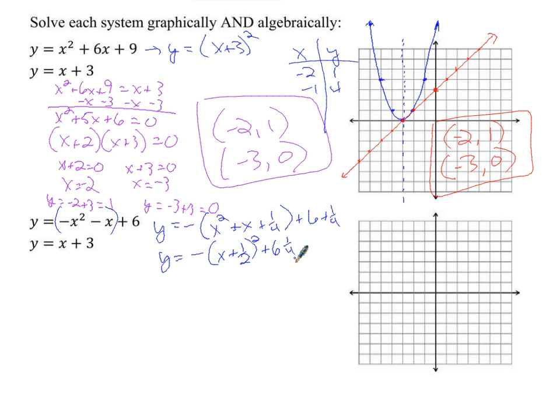Now what? The vertex is where? Negative 1/2. So here, and then up 6 1/4. 1, 2, 3, 4, 5, 6. And then 1/4 is probably right there. And now I can draw in my axis of symmetry like that.